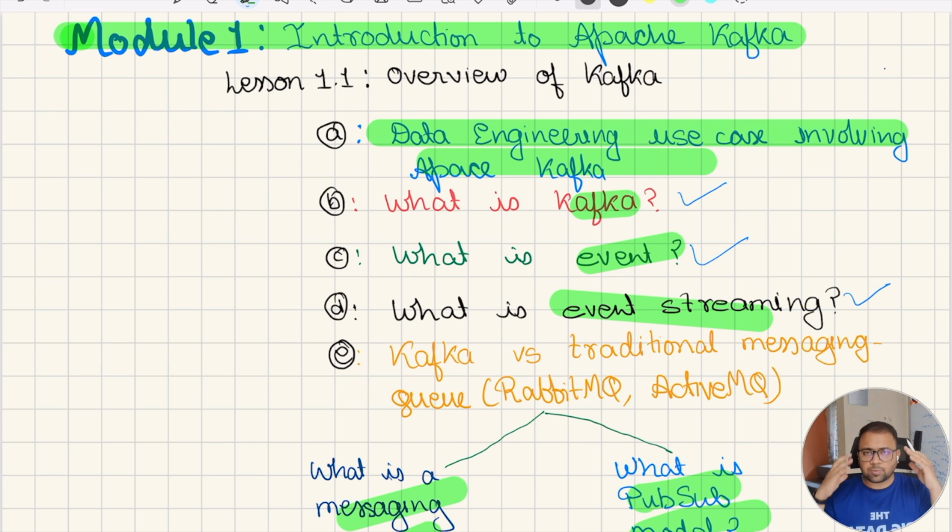There are many things, but for now, to keep your heads light, just understand that in the data engineering world, most of the time Kafka will be used as a messaging queue, where data will be stored for some duration of time, not permanently like normal tables in Postgres or MySQL. There will be some publishers or producers producing the data, and multiple consumers consuming the data. I hope this is clear.